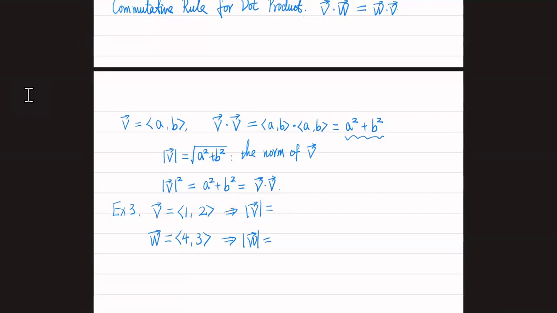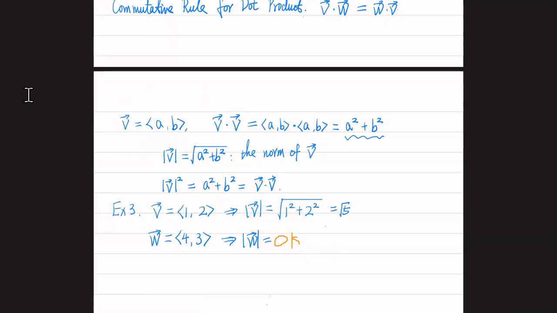Aaron, how do you find this? I think the norm of V is root 5. It's basically just 1 squared plus 2 squared, which is 1 plus 4, and then that's just root 5. So the norm of a vector is the square root of the sum of the squares of the two coordinates: 1 squared, 2 squared, take the square root.